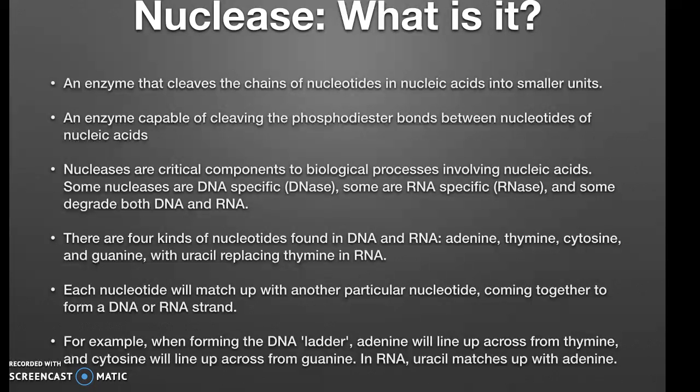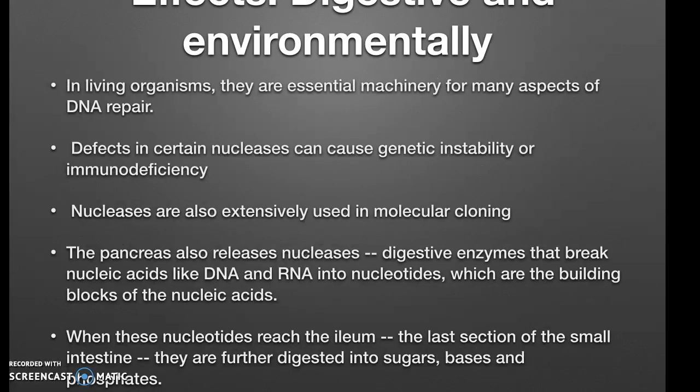And when those two are able to come together, they form the complete DNA or RNA strand that's needed in the specific moment. For example, when forming a DNA ladder, adenine will line up across from thymine, and cytosine will line up across from guanine. In RNA, uracil matches up with adenine.